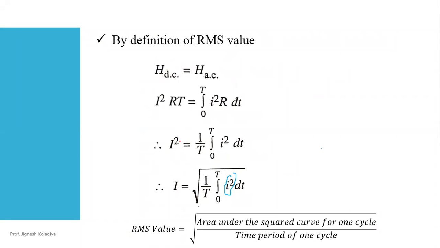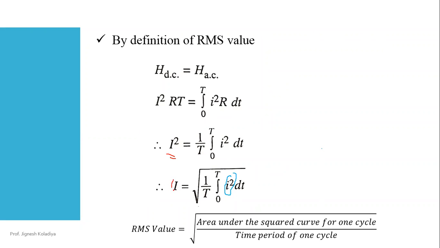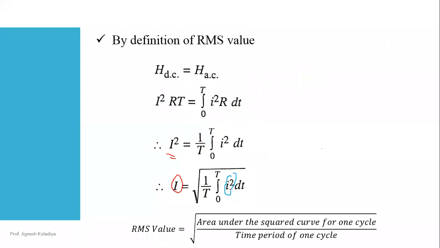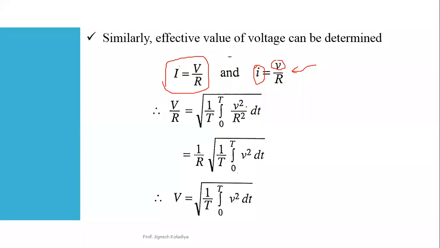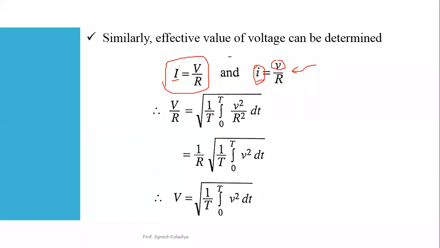So in this equation you have to just replace. Instead of I, I can write V by R, and instead of this I square I can write V square by R square. You have to put the value of capital I and small i in this equation. That's it. So what happened?